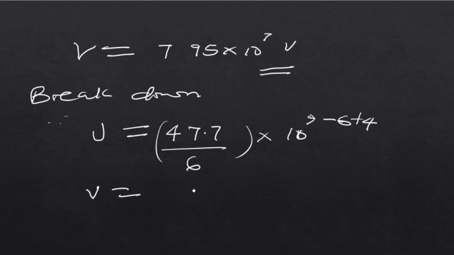So V becomes 7.95 times 10 raised to the power of, 9 minus 6 is 3, 3 plus 4 is 7.